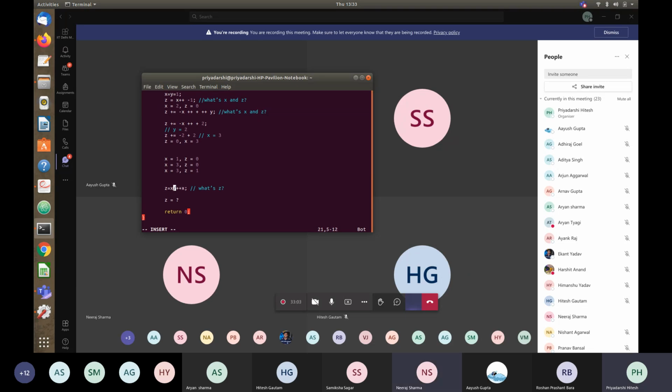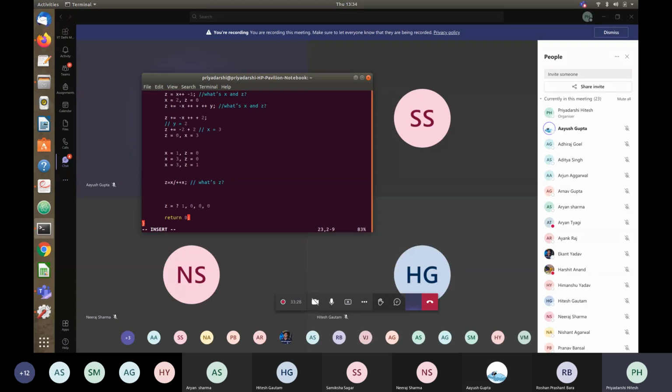Z equals to x 1. Okay, any other answer? Sir, 0. So many people are saying 0, 1.